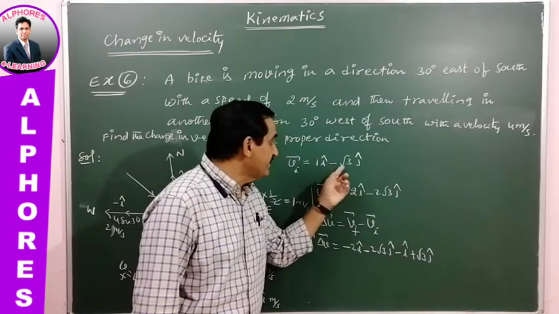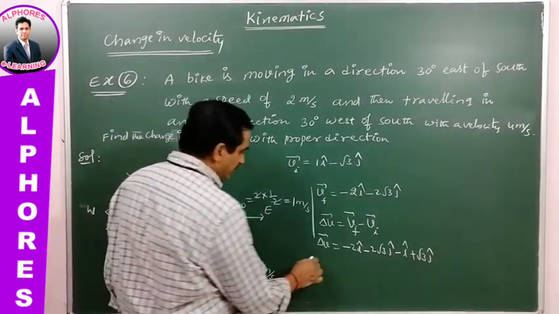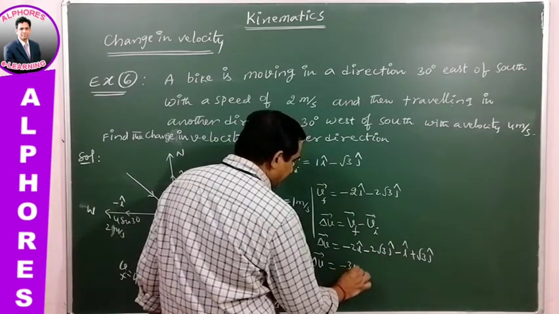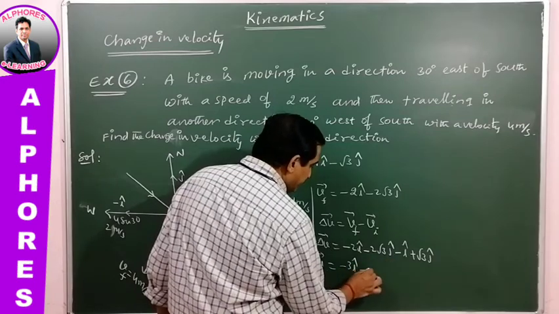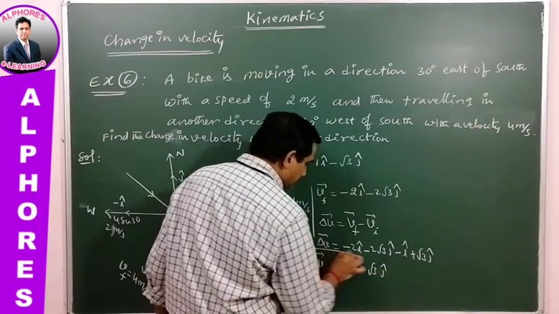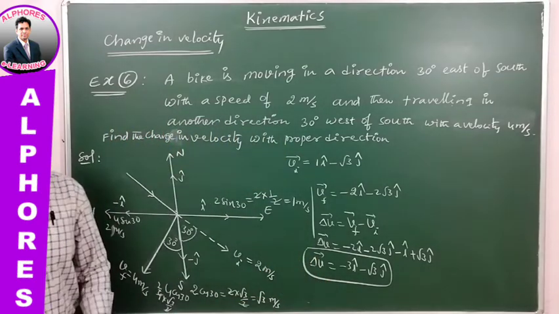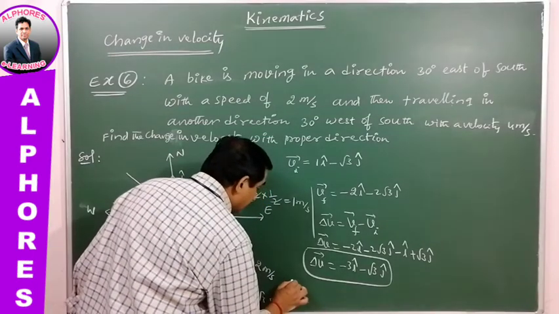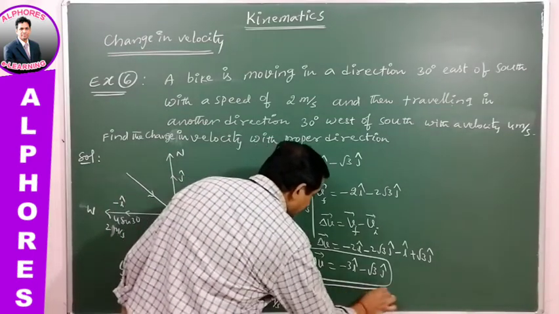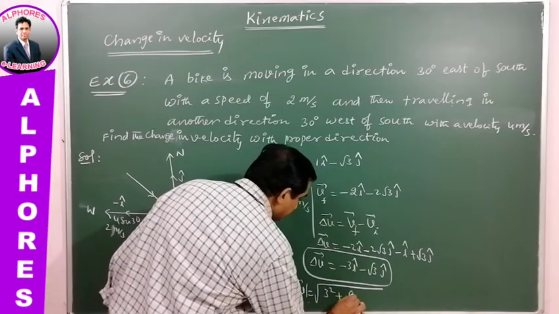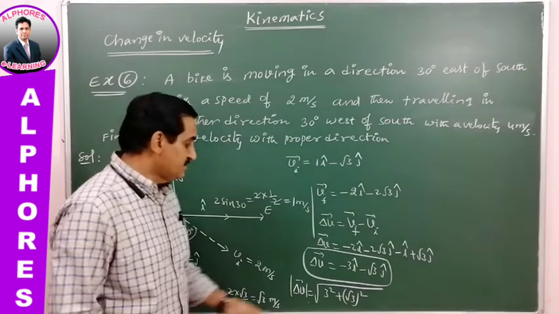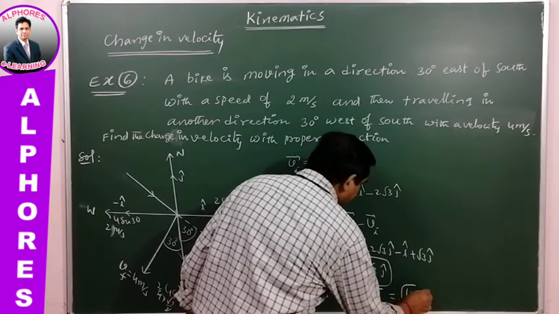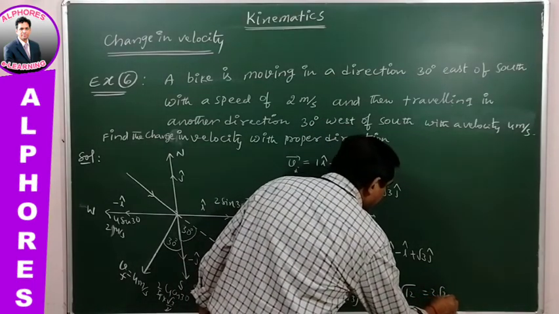Therefore change in velocity equals minus 3I minus root 3 j. So this is change in velocity in vector form. Then its magnitude, delta V mod, is 3 square plus root 3 whole square, which gives 9 plus 3, 12, root 12, which is 2 root 3 meter per second.